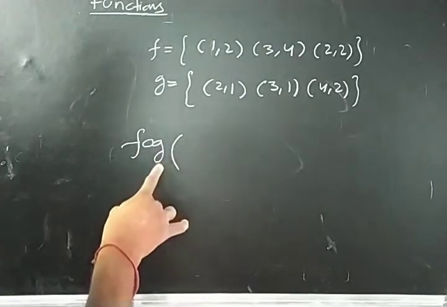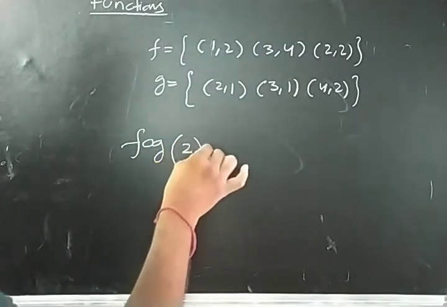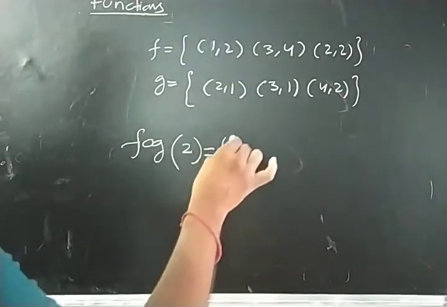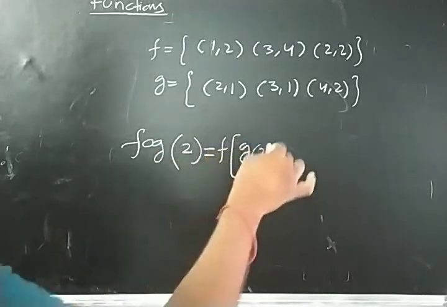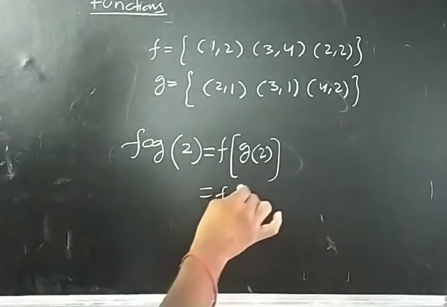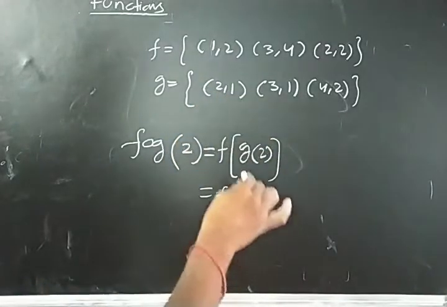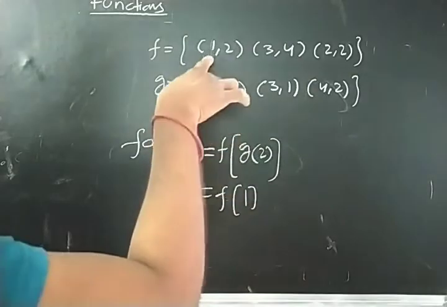First take the g domain elements. For 2 I am getting the image, so how to define it? f of g of 2. In place of the circle you use brackets. g of 2: with respect to g, the image of 2 is 1. In place of g of 2 you write 1. Next f of 1: with respect to f, the image of 1 is 2.